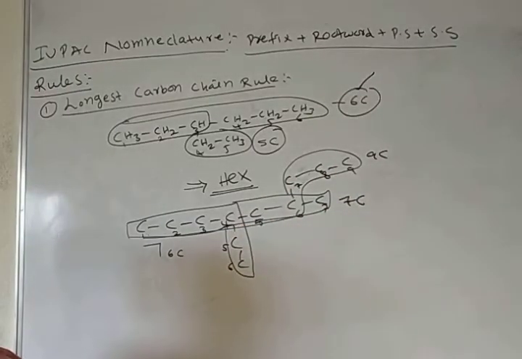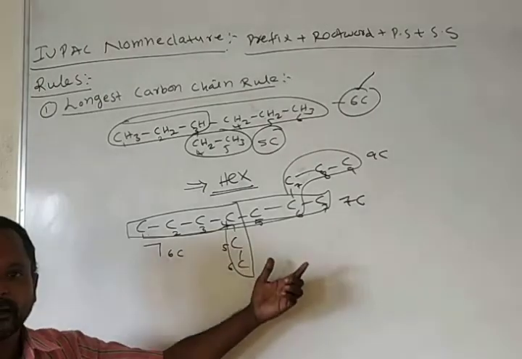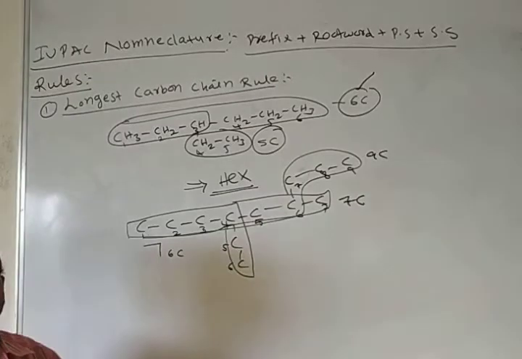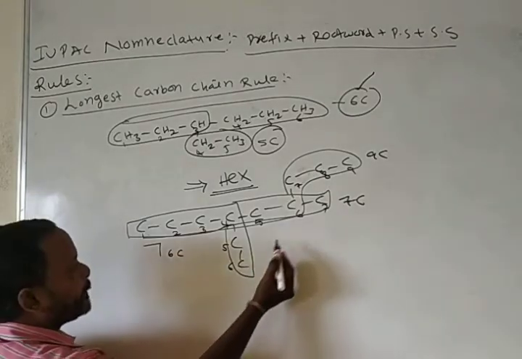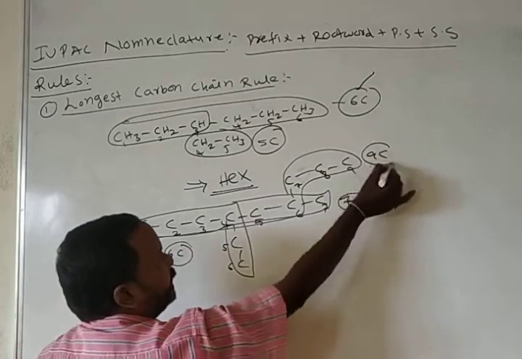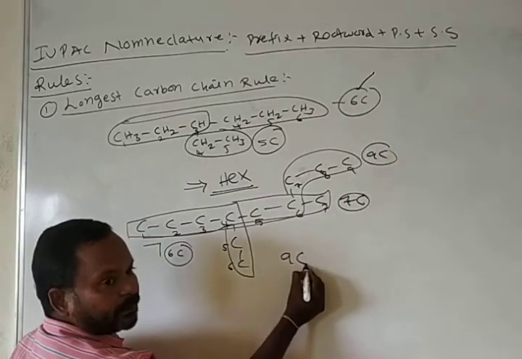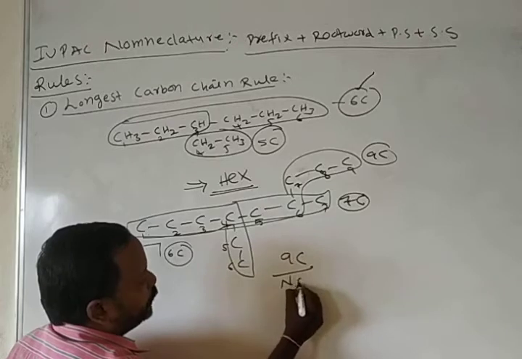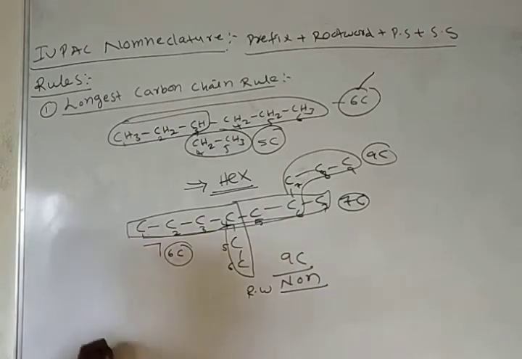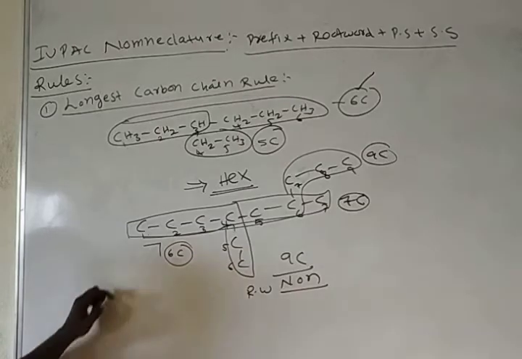Which is longest? You can choose only that one and give the number. All the remaining carbon atoms are considered as substituents. Here which is longest? Here 6, here 7, here 9. The longest is 9 carbons, so you give the root word as non.